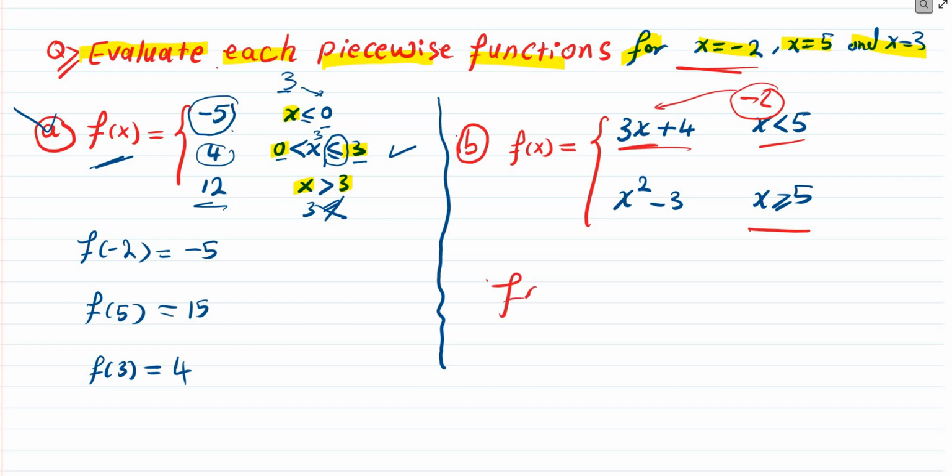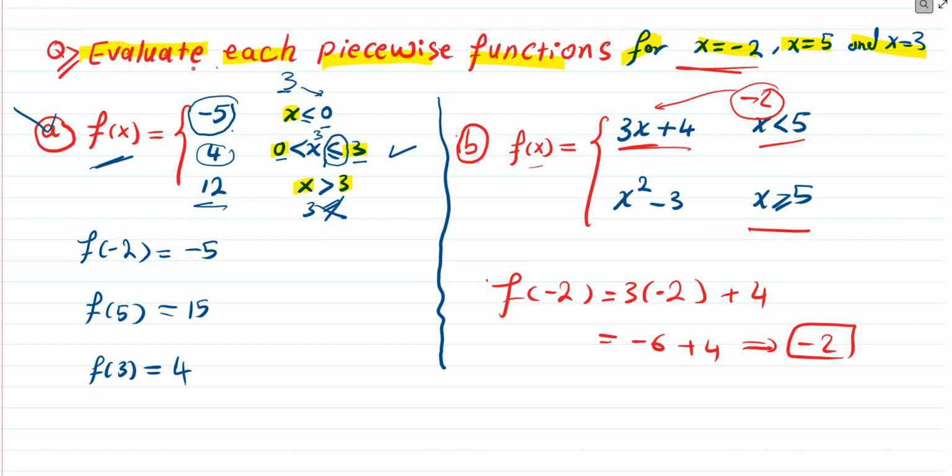So f of -2 equals 3 times -2 plus 4. 3 times -2 equals -6, plus 4. The final answer equals -2. So when you substitute -2 in this f, the answer is -2. Okay, this is the first one. How about the second one?